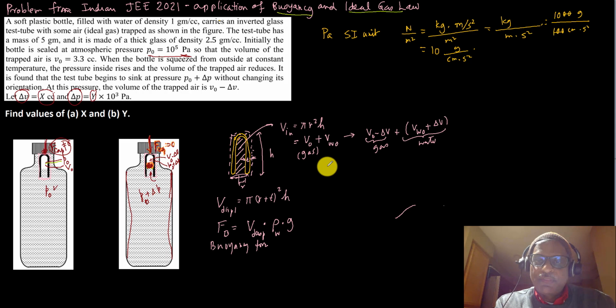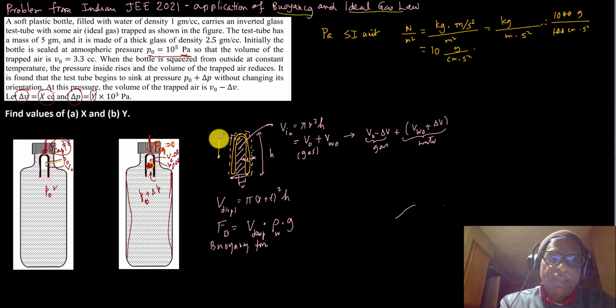Now let's look at the forces that are in there. You have a force of buoyancy, and that's balancing the weight of everything that's supporting the glass and the water.